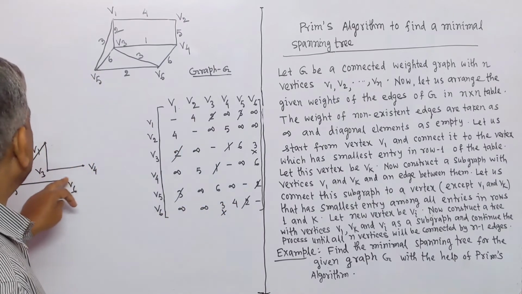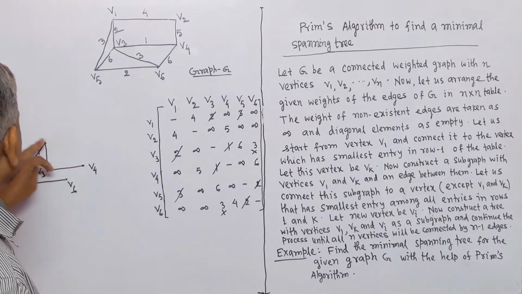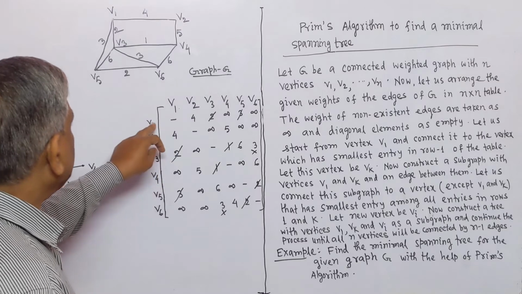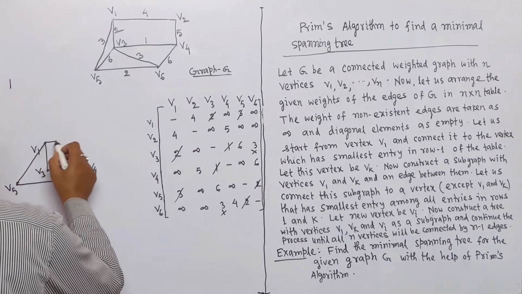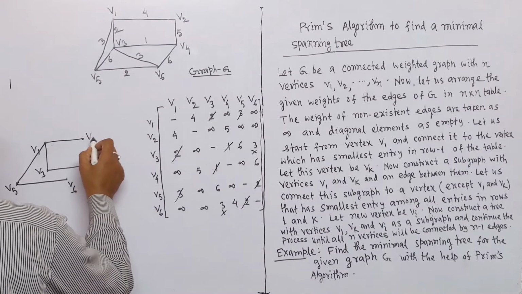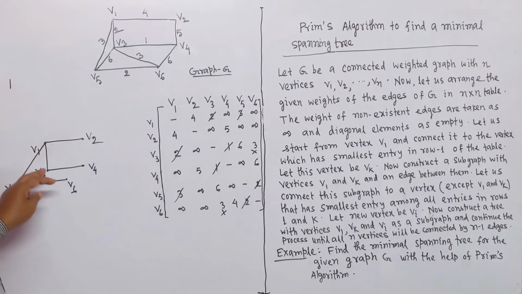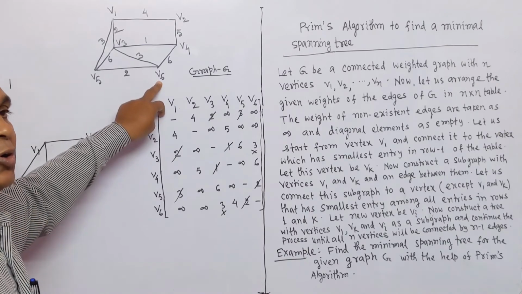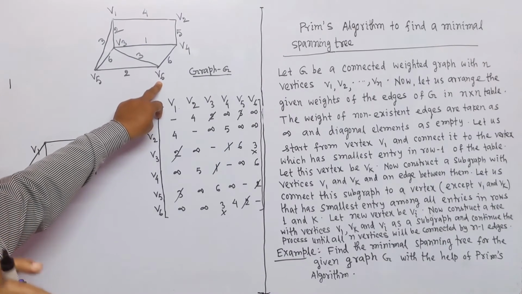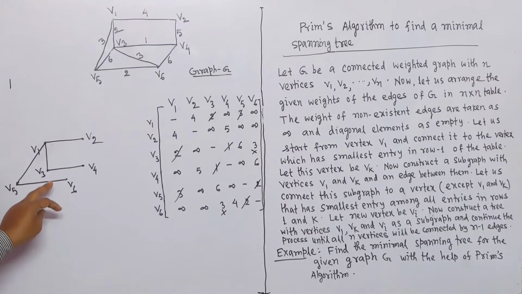If we connect V6, V4, we will get a circuit. So we will take V1, V2. And this will be a spanning tree with 5 edges. Since we have 6 vertices, we may take only 5 edges for a spanning tree. So this will be the spanning tree.